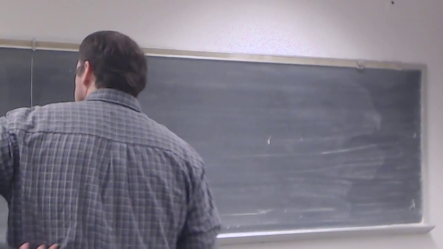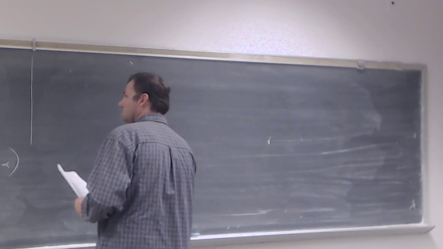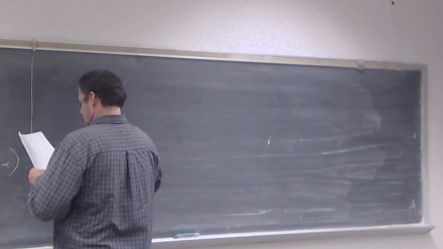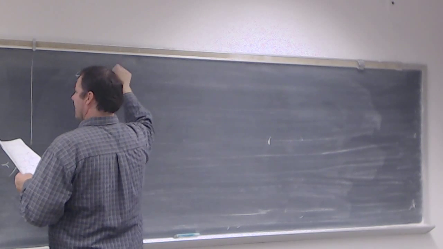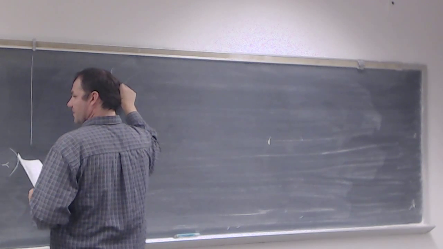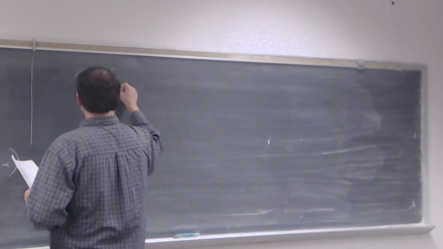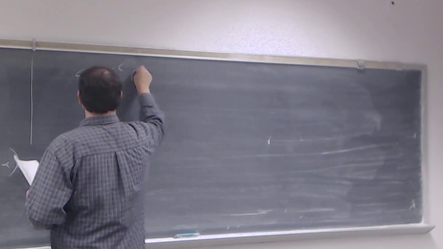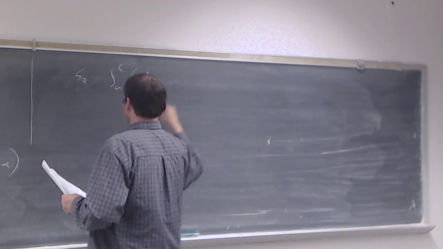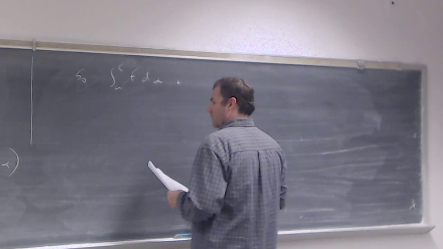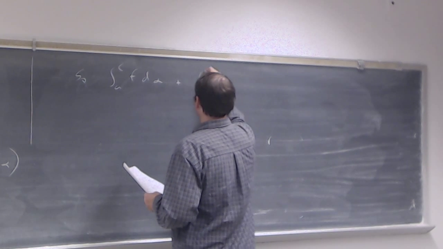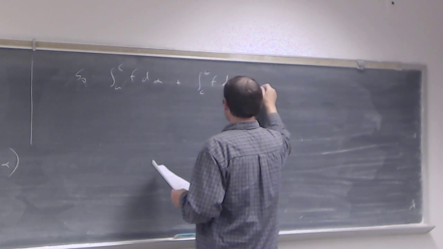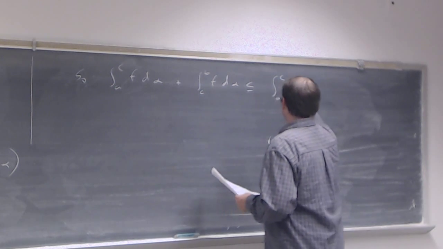Now, what that'll tell us is that, because of those infimum properties, the integral from A to C of F d alpha, that first infimum involved in the previous statement, plus the integral from C to B of F d alpha, is going to be less than or equal to the integral from A to B of F d alpha.